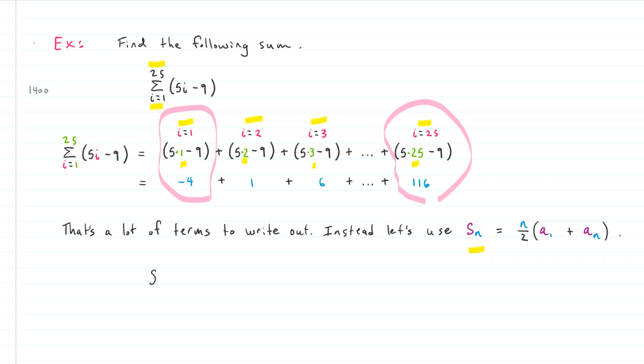So we have S of 25 because we're adding the first 25 terms together. This equals n is 25 over 2. a sub 1 we've calculated already to be -4. And we add to that a sub n. We've calculated a sub n to be 5 times 25 minus 9, which is 116.